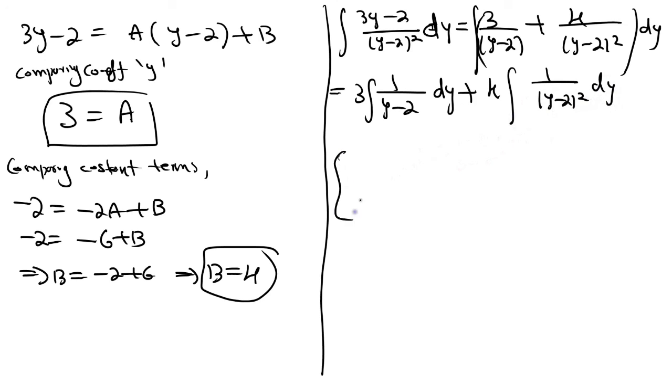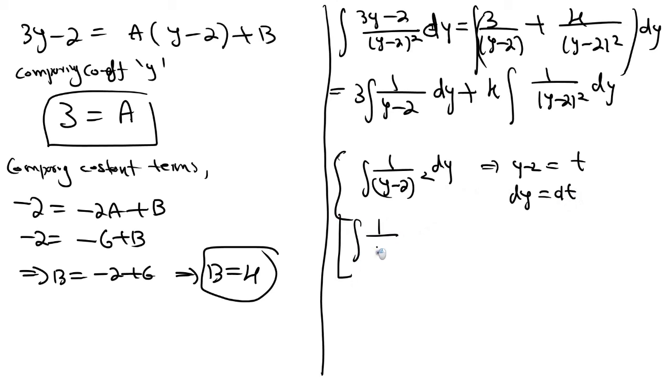Now see, consider the integration of 1 divided by y minus 2 whole square into dy. Put y minus 2 is equal to t, then dy is equal to dt. So what you will get here? It is equal to the integration of 1 by t square into dt. So what is the integration? It's equal to the integration of t to the power minus 2 into dt.